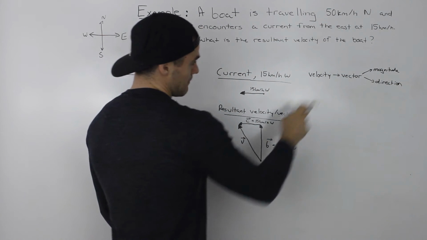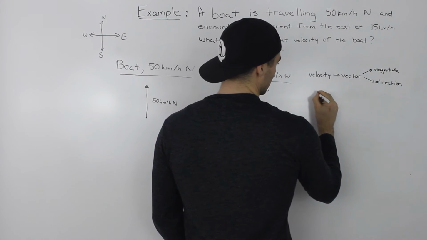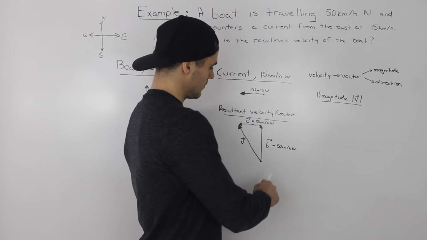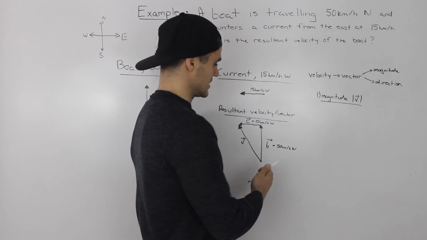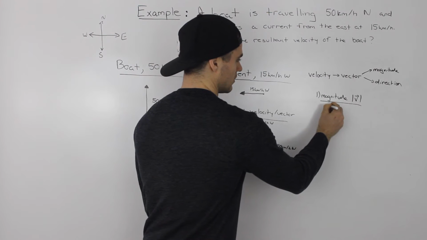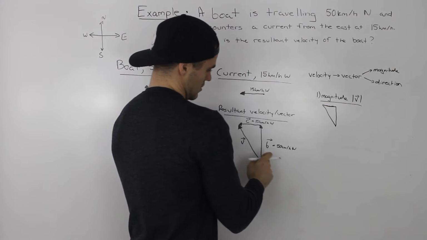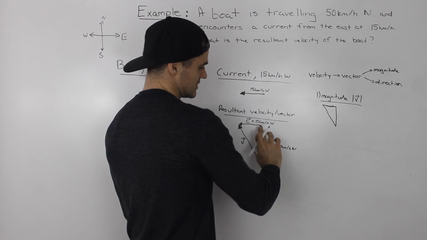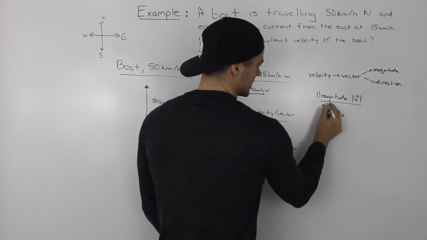So we have to find the magnitude and the direction of this vector V. Let's start by finding the magnitude. If you notice, this scenario represents a right angle triangle, where this magnitude is 50 and this magnitude is 15.